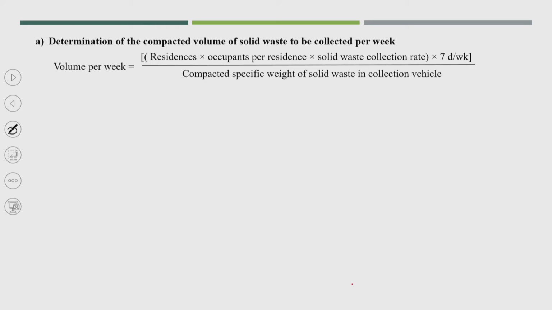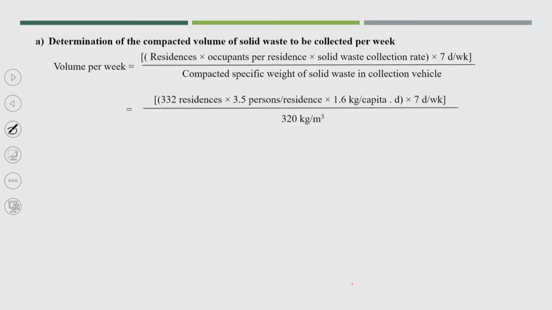So, the residences are 332 as calculated, 3.5 persons in each residence, with their per capita generation, and 320 is the specific weight of solid waste. By that way we can calculate volume per week: 40.67 meter cube.